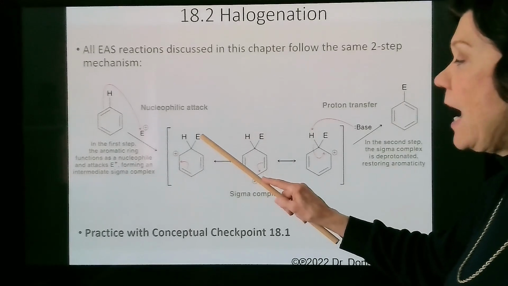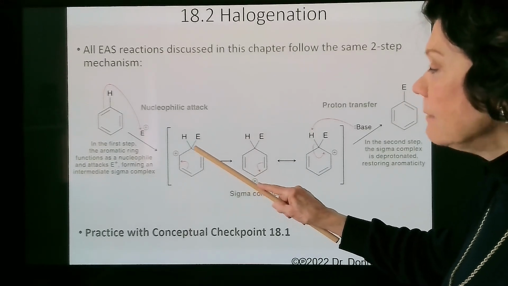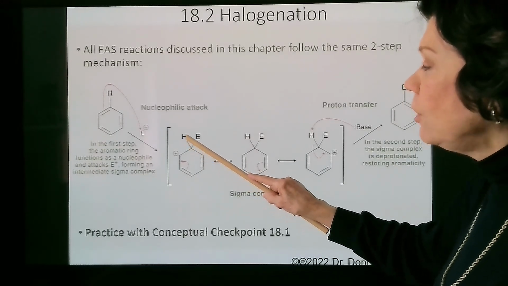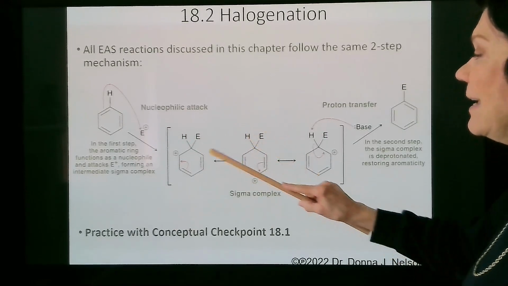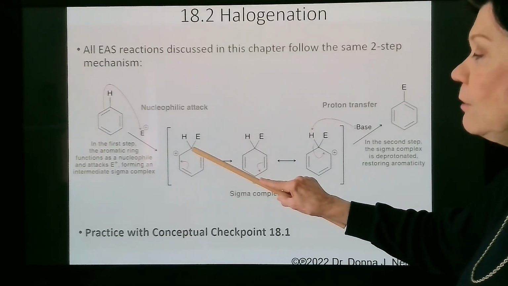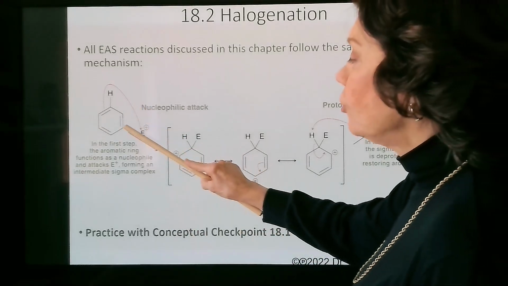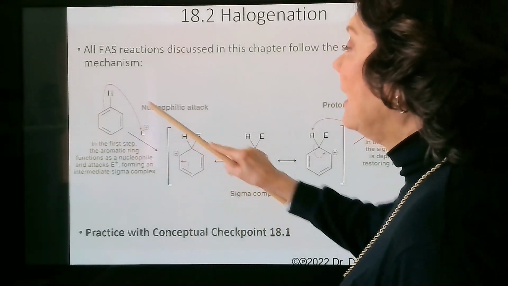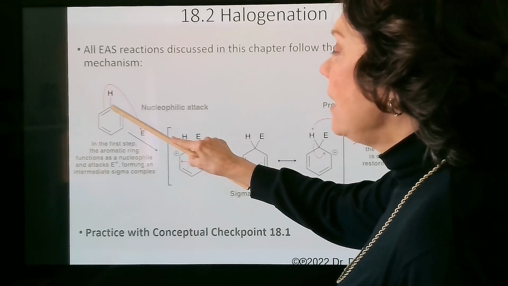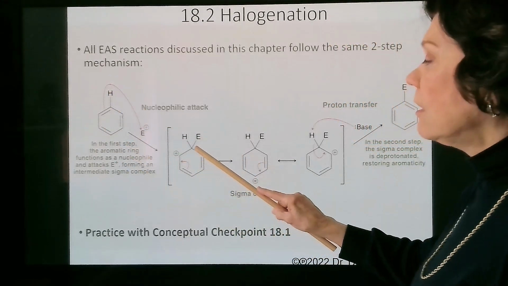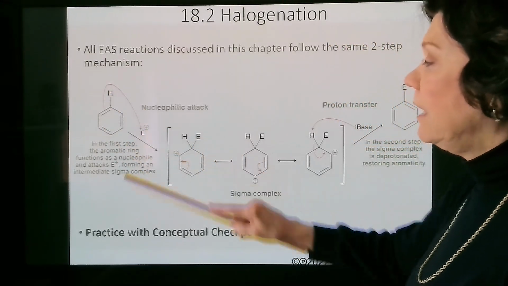And so here it's attached to 4 different atoms. It's going to have to lose the proton. This is the carbon that's going to have to lose the proton. You can't get mixed up and start thinking that it's this hydrogen or that one or one of the others. It's always the CH bond on the carbon bearing the incoming group.